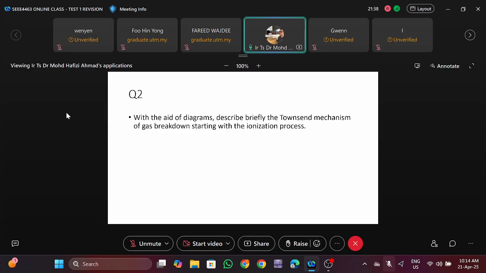For the Townsend mechanism, we have first ionization and second ionization. The second ionization is through a feedback process, which is due to ion drift. The first ionization coefficient is due to collision ionization.